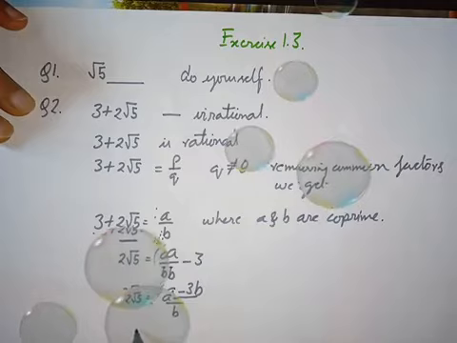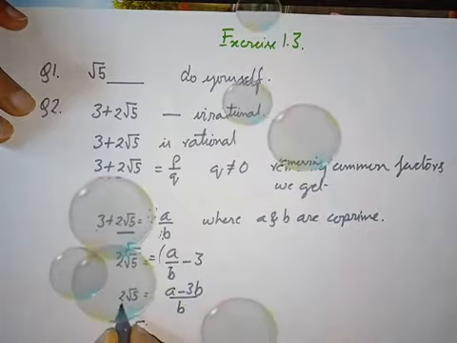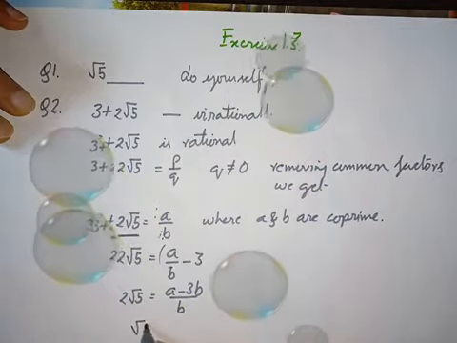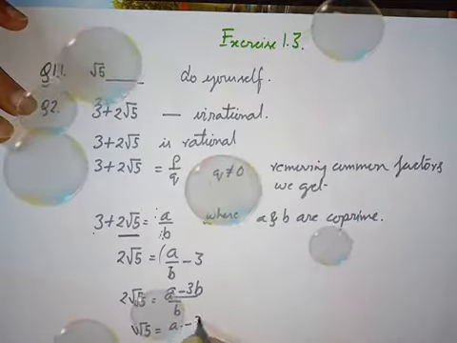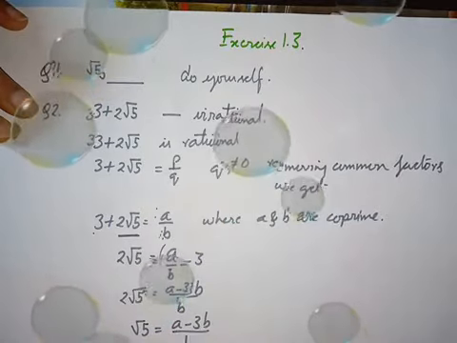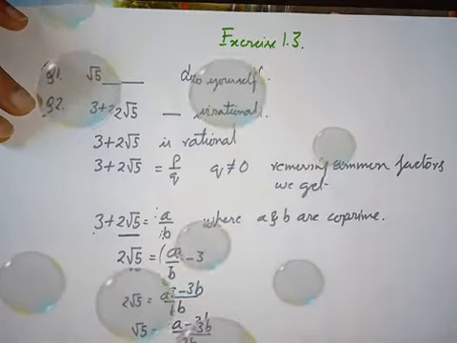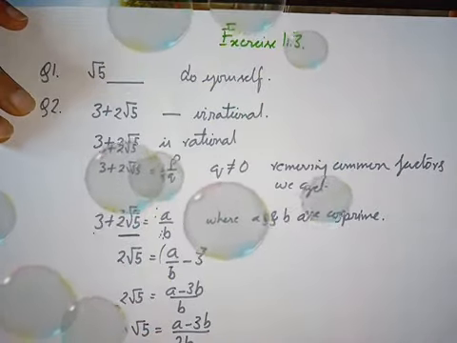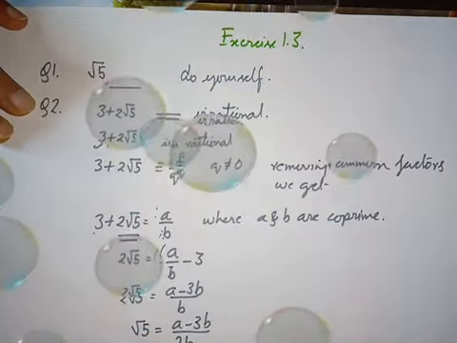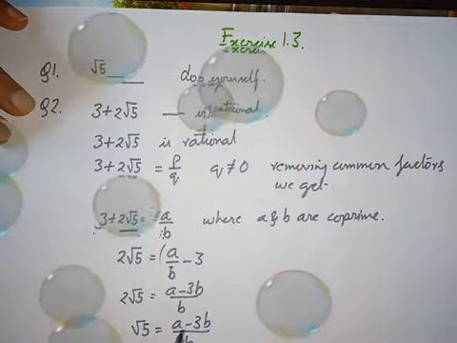The next step is to remove 2 from the left hand side. For that we will divide both sides by 2. So this we get. Now a rational number divided by a rational number again gives a rational number, so it also is a rational number.